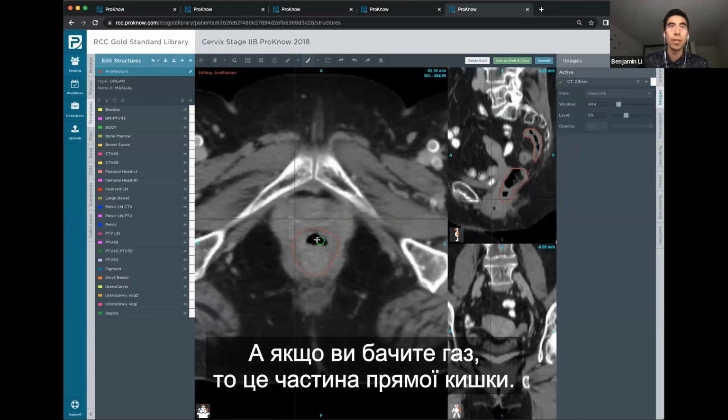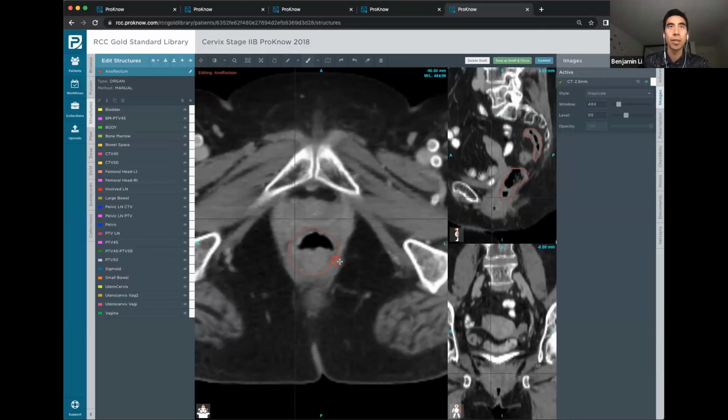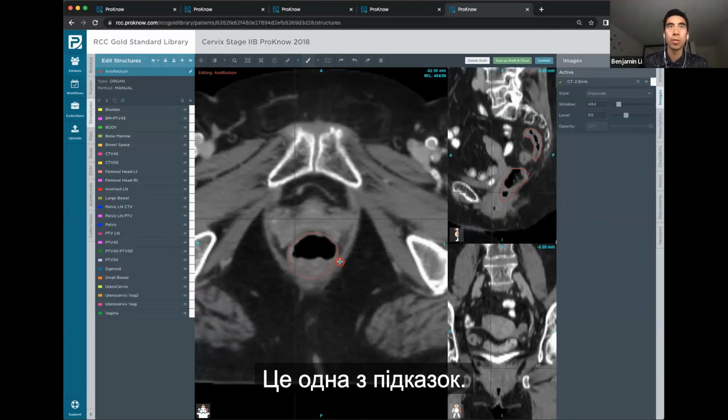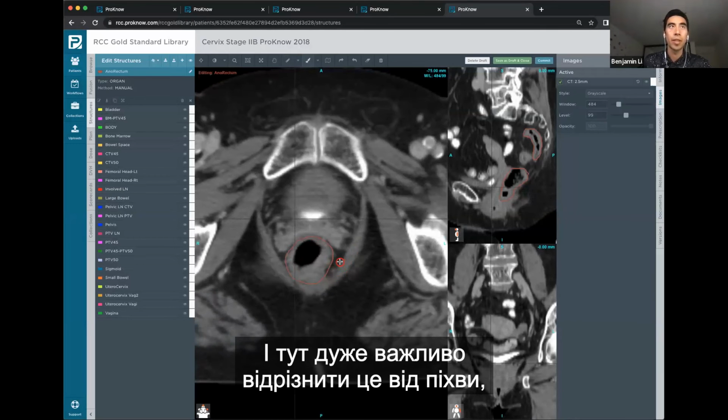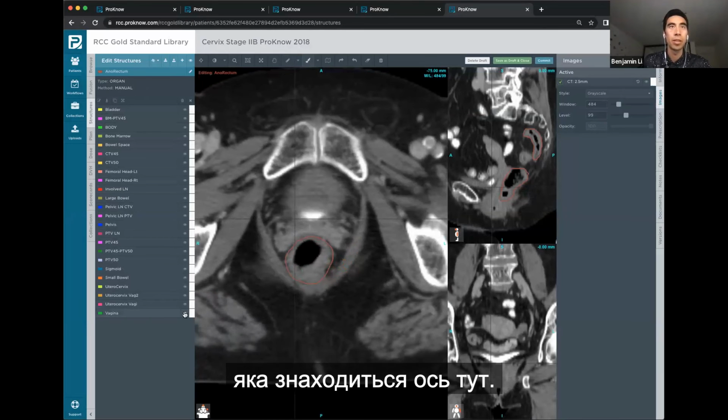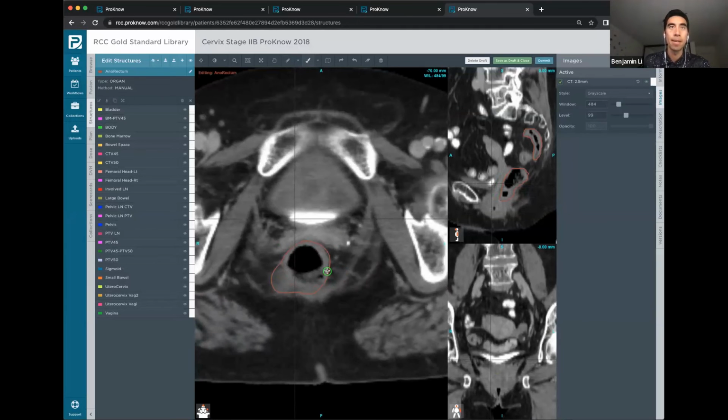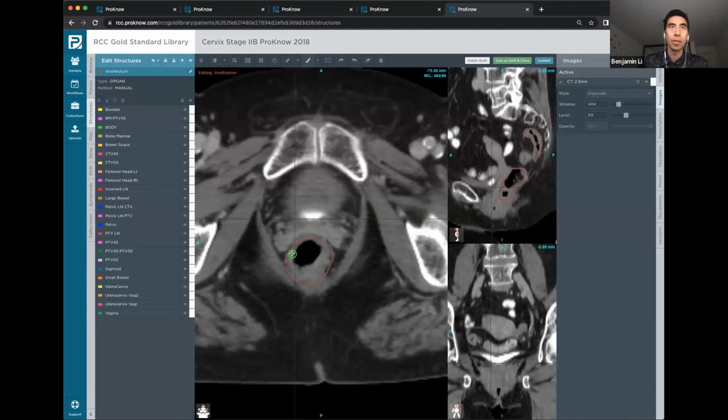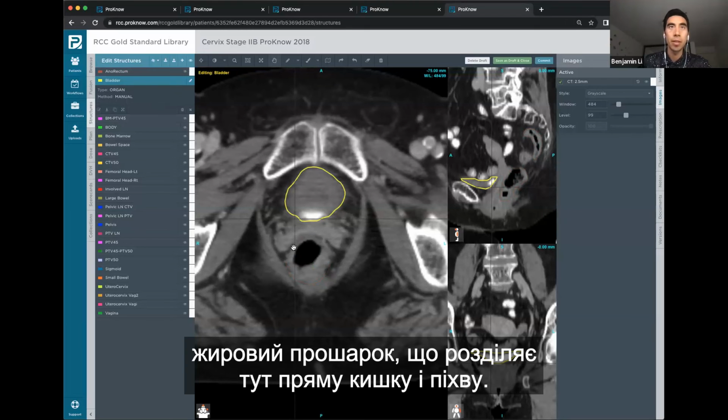And if you see gas, that's part of the rectum. So that's one clue. And then here, really important to distinguish this from the vagina, which is right here. You can see a thin layer of fat space separating the rectum and the vagina here.